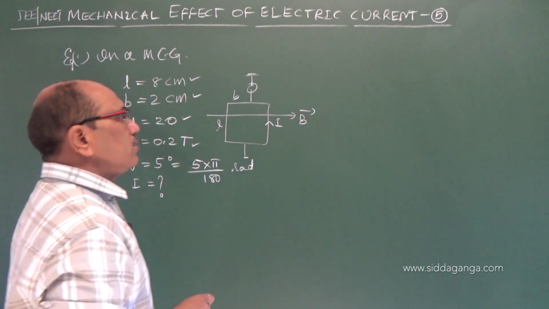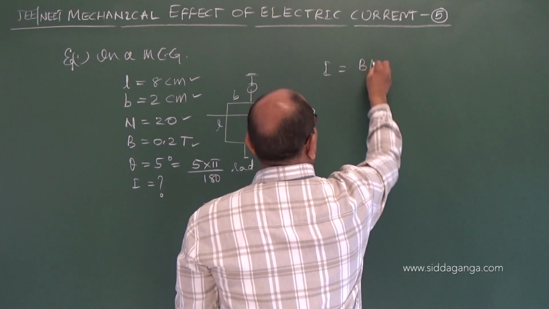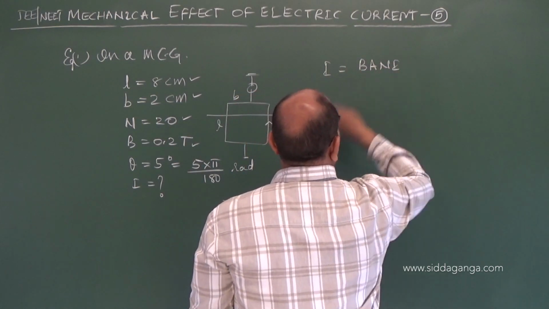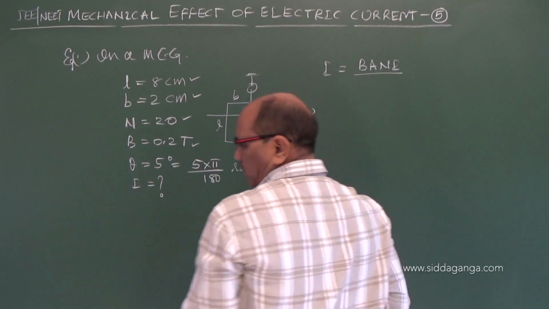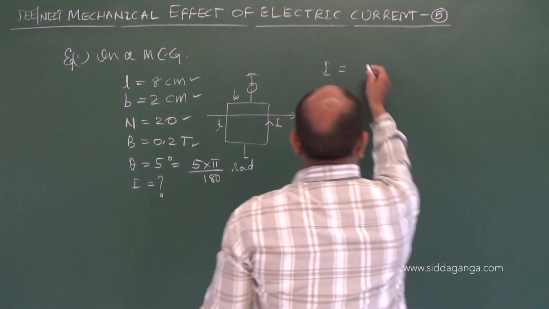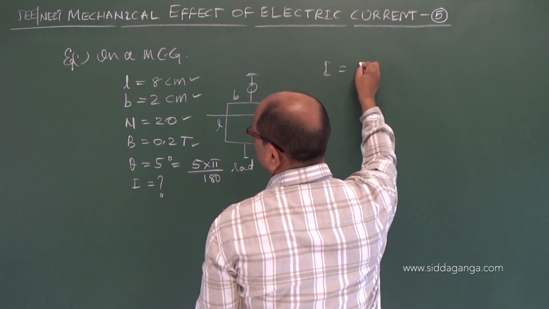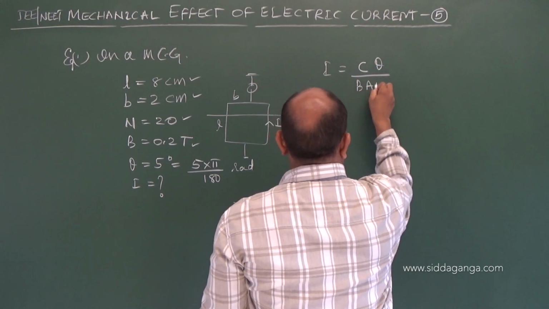Current has to be estimated. You know the relation: current I is equal to C into theta by BAN.